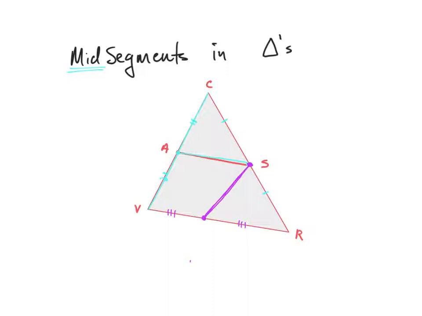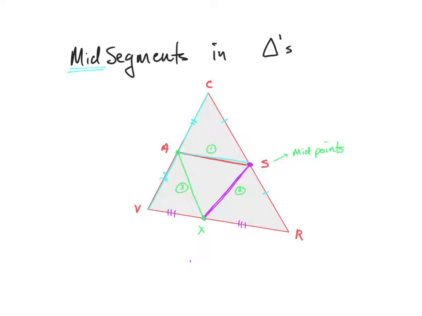And you could have a third mid-segment here. If I have a midpoint here at point A, I could connect a midpoint here to, let's say, just call it point X. So you do have 1, 2, 3 mid-segments that we're looking at, just simply connecting midpoints on the sides of a triangle.